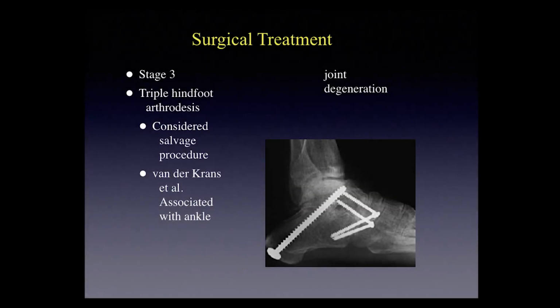We consider a triple hindfoot arthrodesis a salvage procedure, and so this is considered very carefully before embarking on such a procedure. With stage 4, this will often require an ankle fusion, or what we call a tibio-talocalcaneal fusion, with this hindfoot fusion nail that you see in this image.